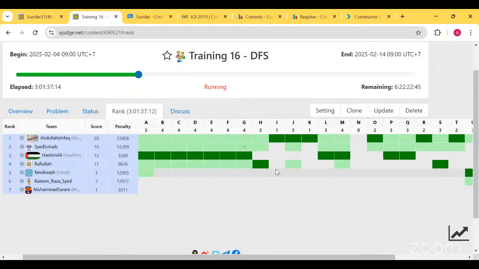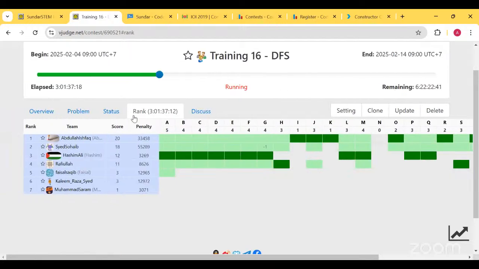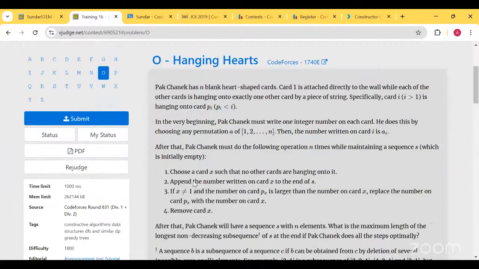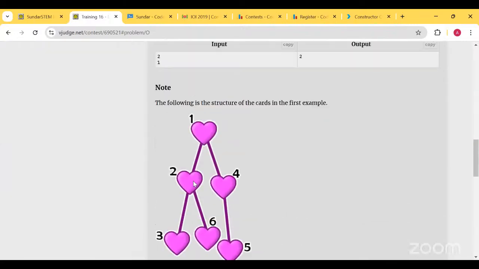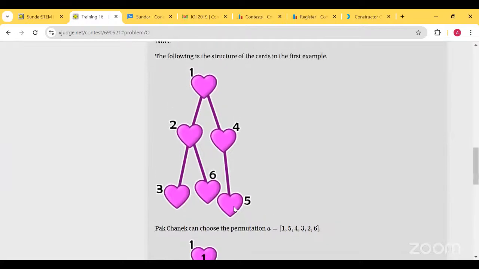Alright, for problem O, I think two of you already got accepted. So the problem is given a tree and we want to put a number for each node, just like putting a permutation on the nodes.